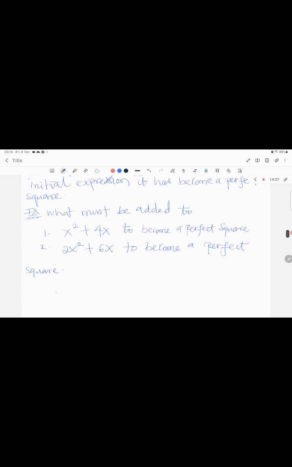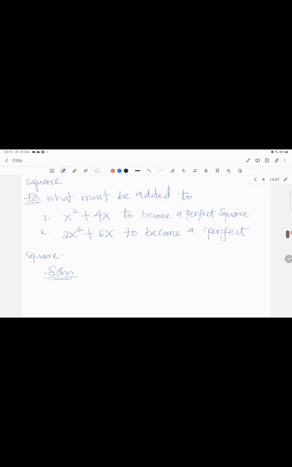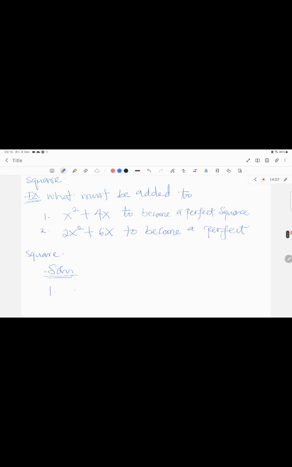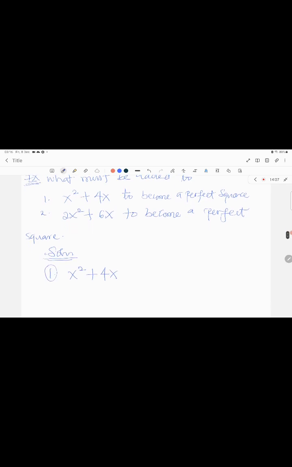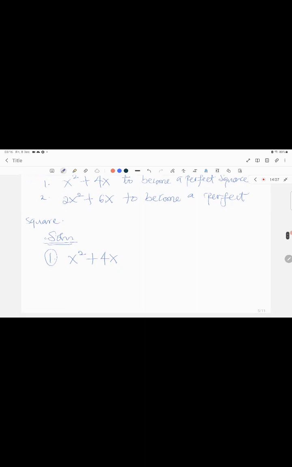So, solution. For 1 we have x squared plus 4x. We need to ensure that the coefficient of x squared is 1, which is already 1. Then the next thing we need to do is pick the coefficient of x, which is 4.